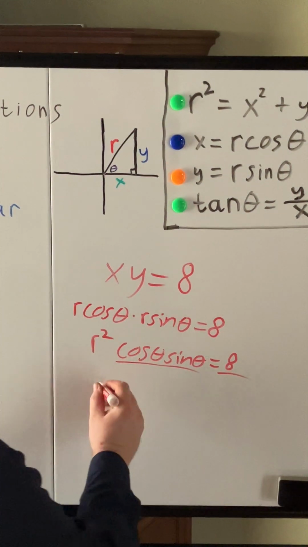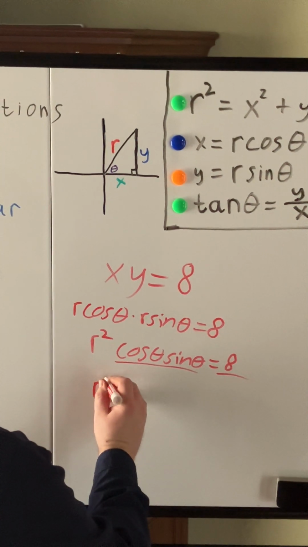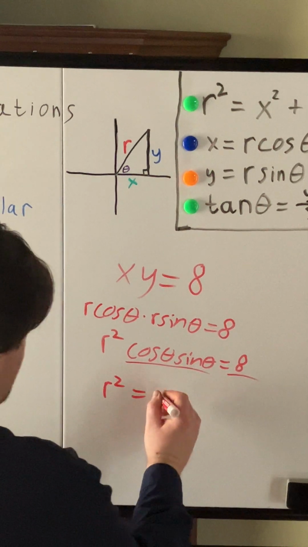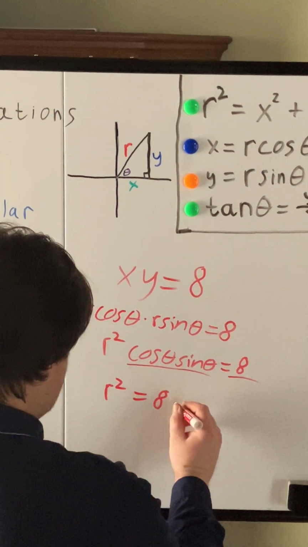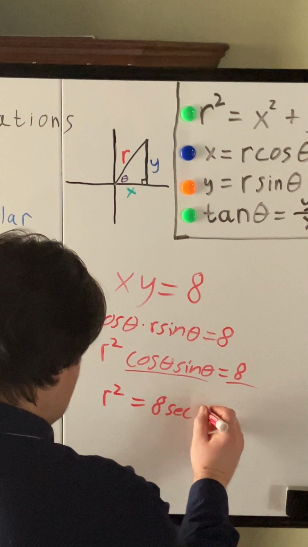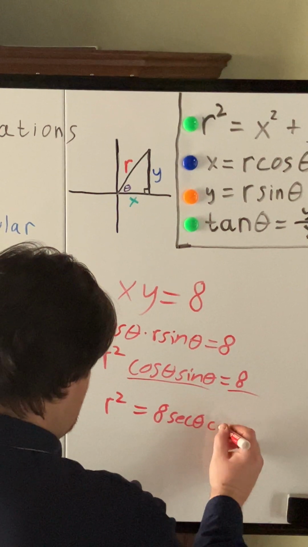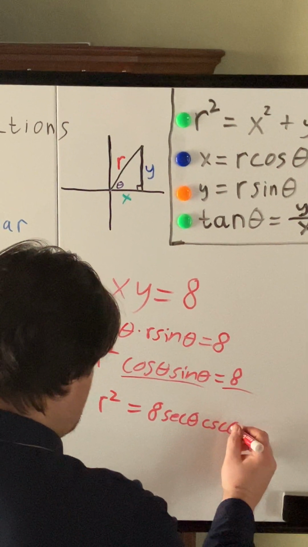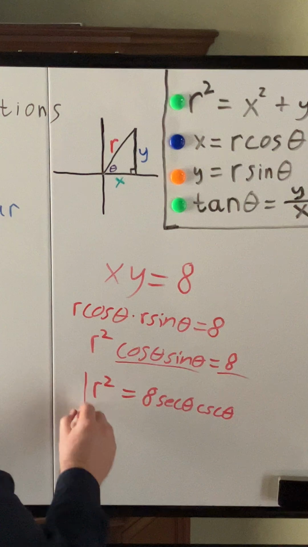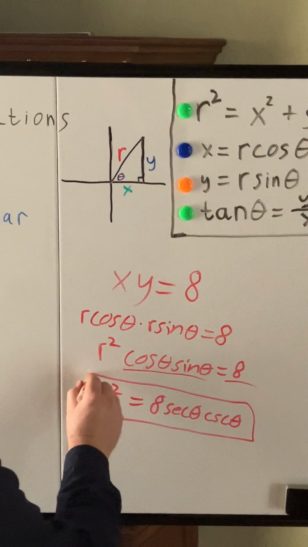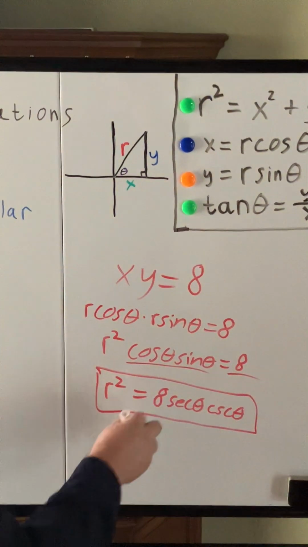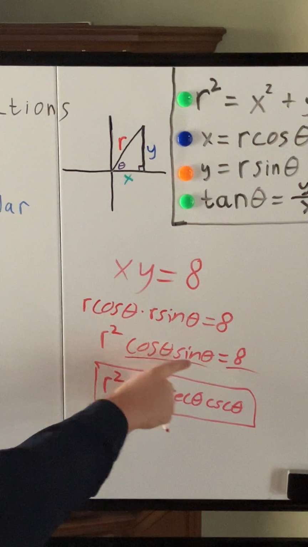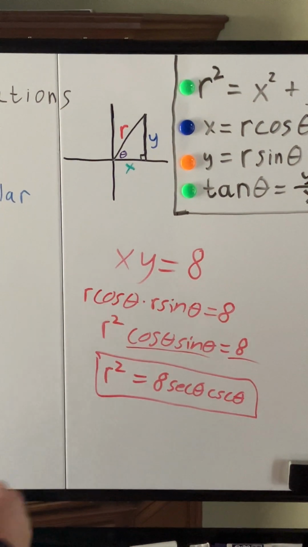So remember, that means I can write it as r squared equals 8 secant theta cosecant theta. And that's just, once again, because secant and cosecant are the reciprocals of cosine and sine. So there you have it.